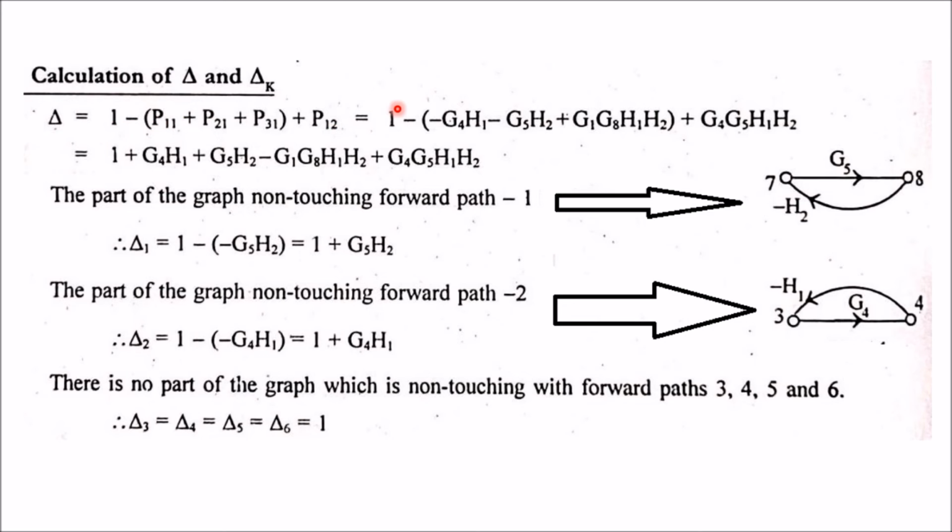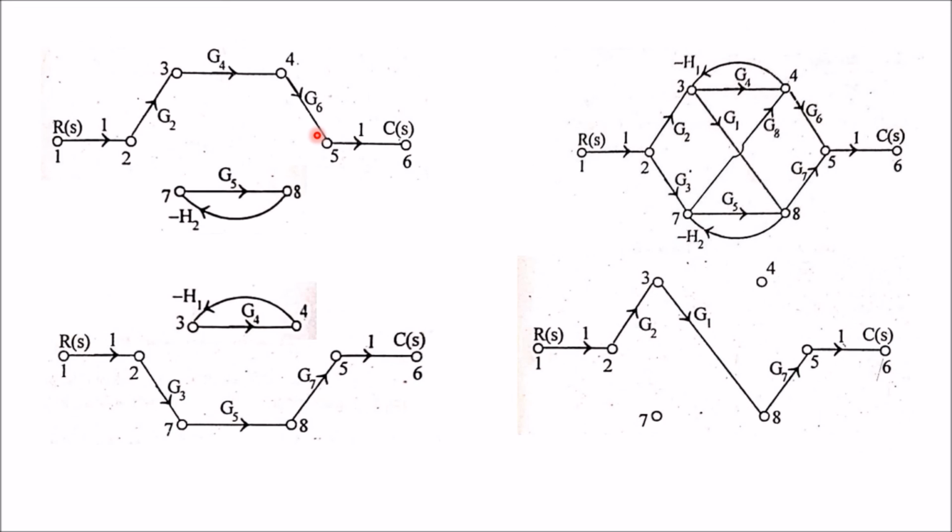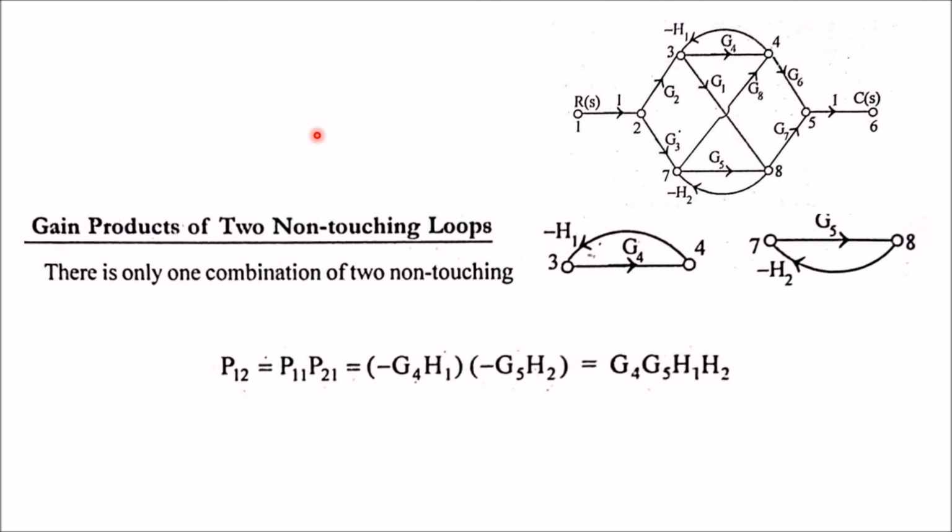So here 1 is common, then all the loops' gains will be added together, which is nothing but minus G4H1 minus G5H2 plus G1 G8 H1 H2, and this P12 is nothing but the gain product of 2 non-touching loops. Which one have we seen here? This one, P12, the gain product of 2 non-touching loops. These 2 loops are non-touching, so this is the gain product.